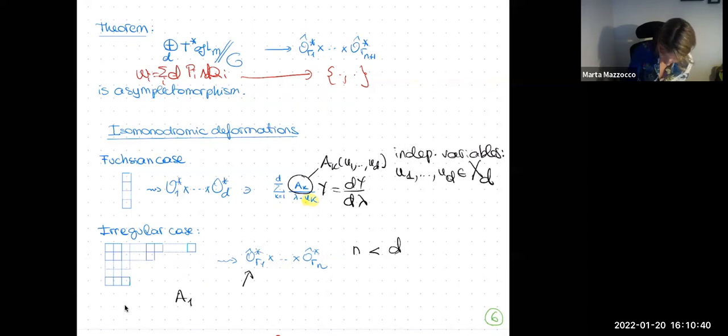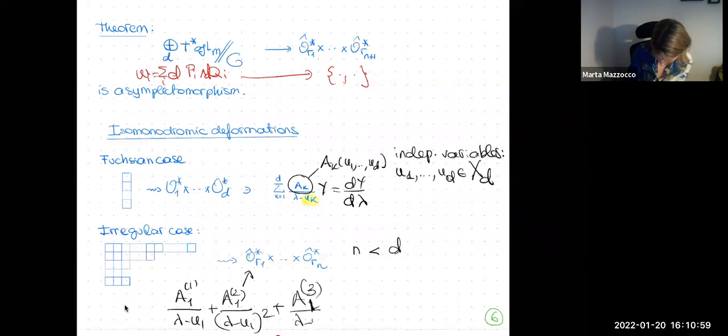I'm sorry for the awful notation, but I will have maybe this, and then all the other contributions for the pole which is of higher order, and so on.